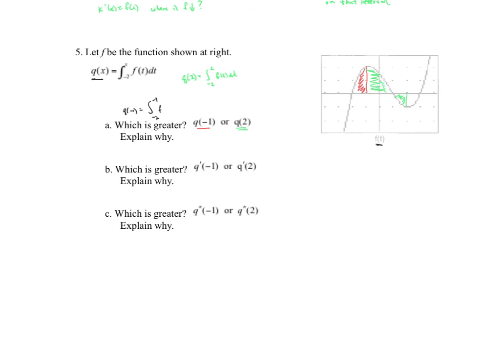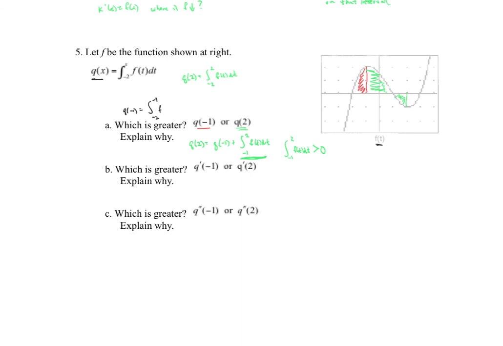One way of arguing it smoothly is to say that q of 2 will be q of -1 plus the integral from -1 to 2 of f of t dt. And we can argue that this integral, which is the green area that we have shown, is clearly bigger than 0. It's going to be positive. So that's a nice way of arguing that.